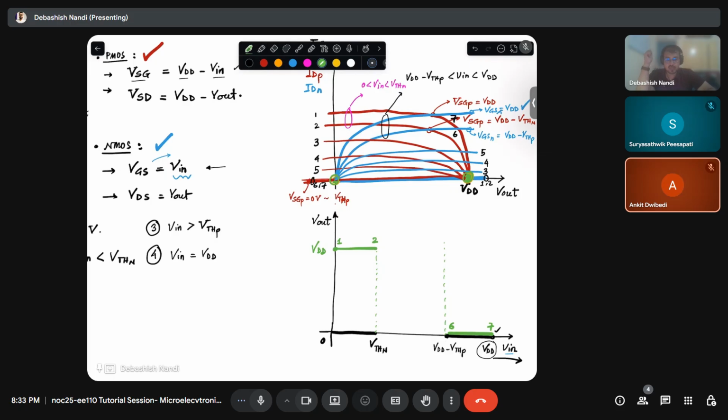Yes, sir. So now let us trace the third point. This is my third curve and this is my third curve, right? So this line is crossing at this point. This is one point. Similarly, the fourth line crosses the fourth at this point. The fifth line crosses the fifth at this point.